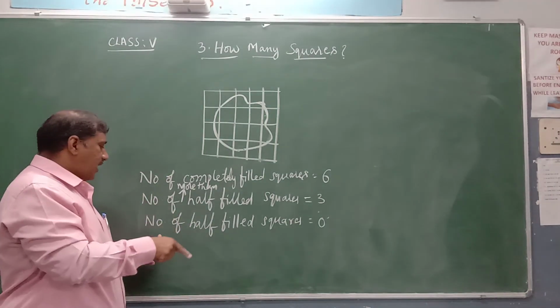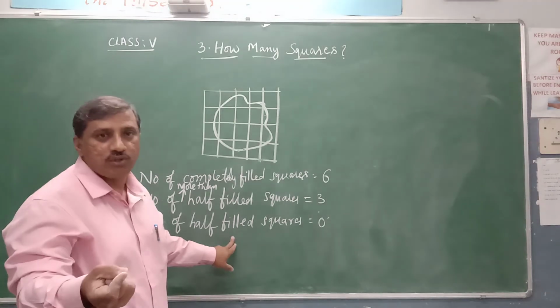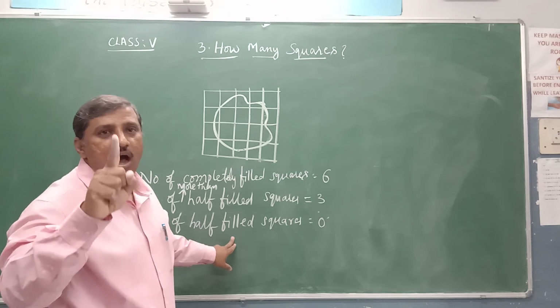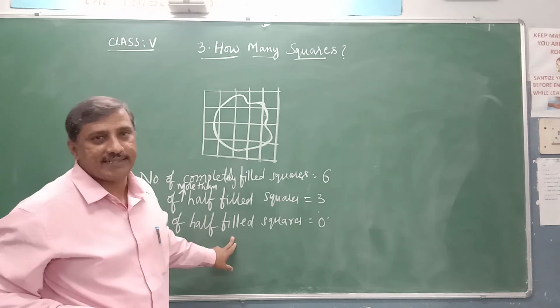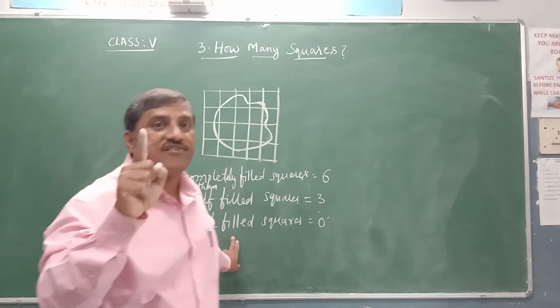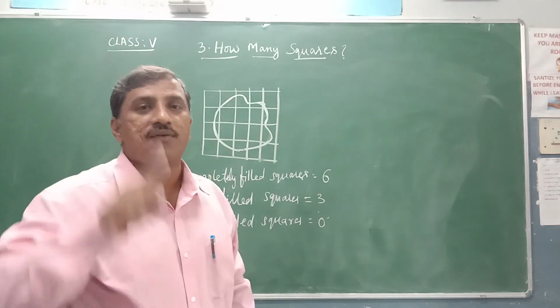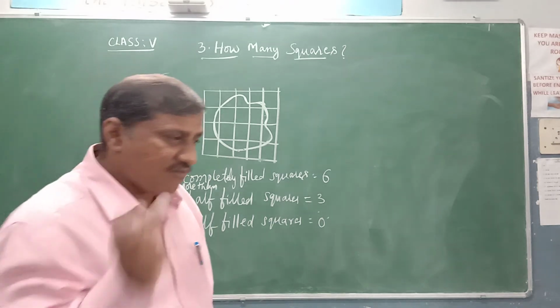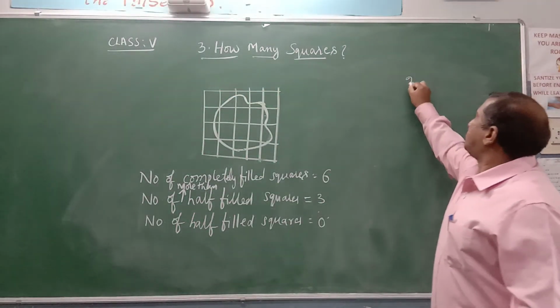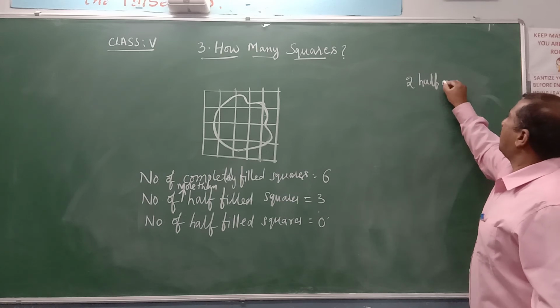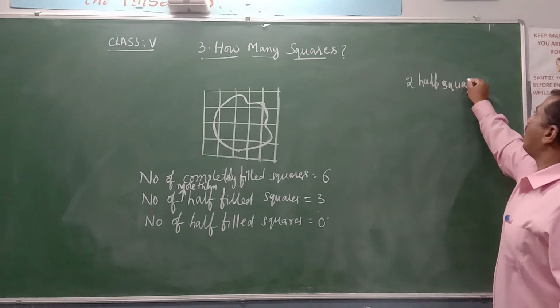Now if you find half filled squares, each exactly half filled square, treat its area as half square centimeter. If you find 2 half squares, then what is its area?